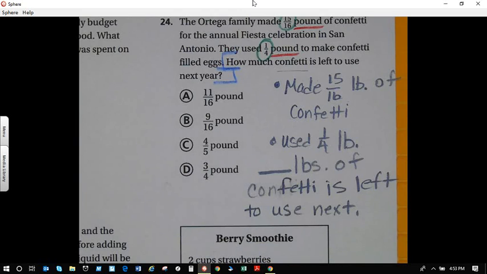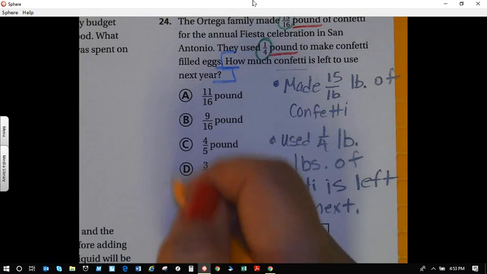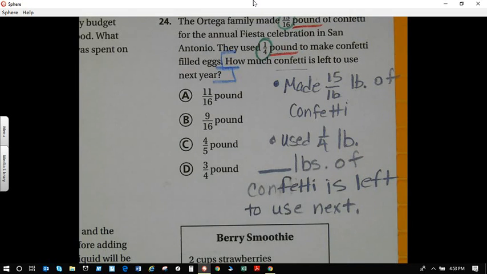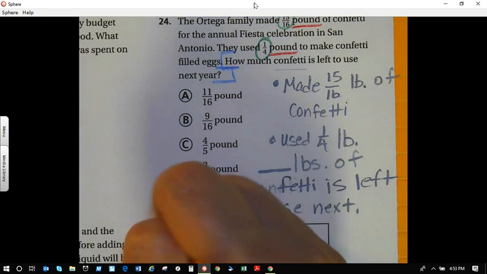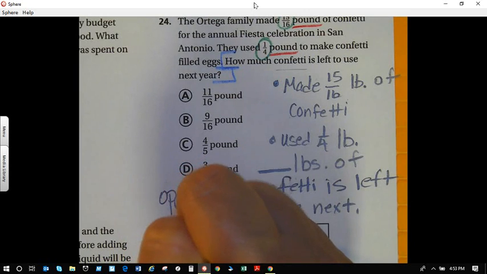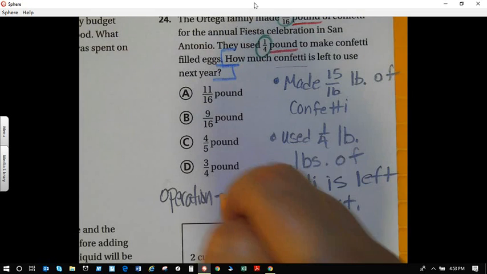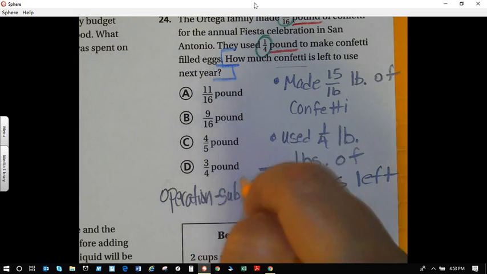All right, so now I've got to move my work over here, my operation. So the operation I'm going to use is going to use subtraction. I'm going to put sub.